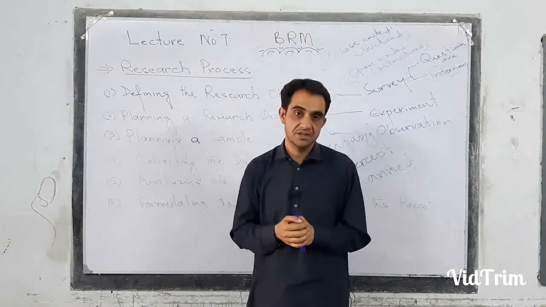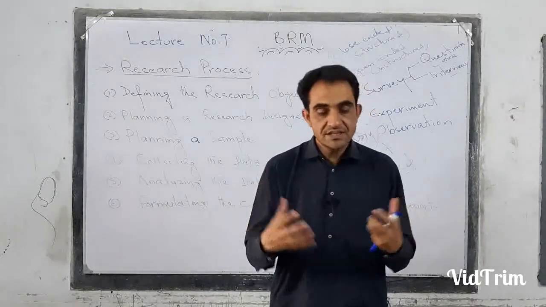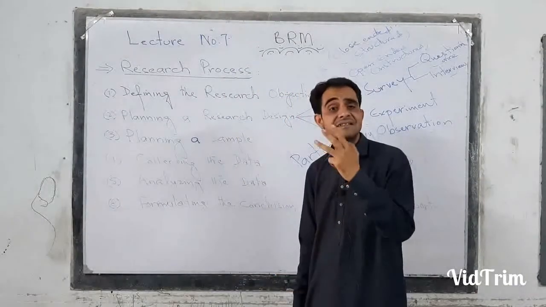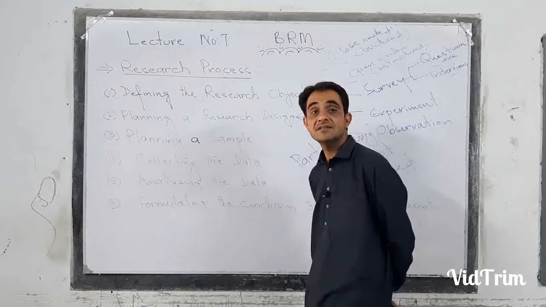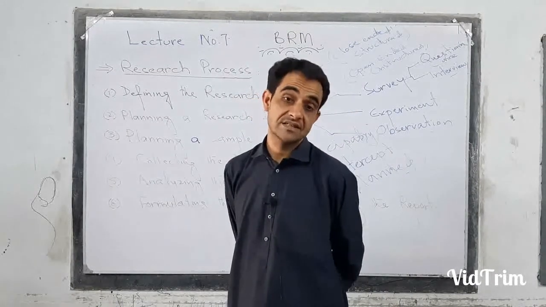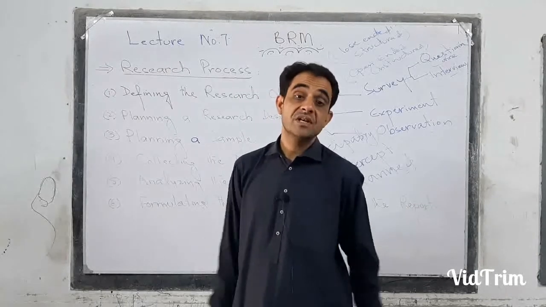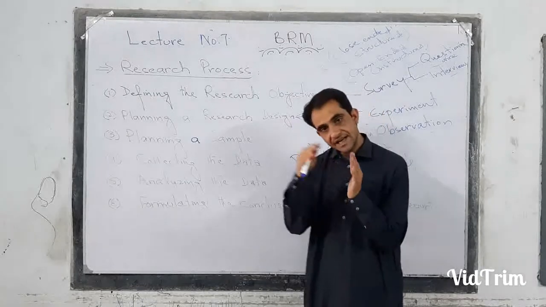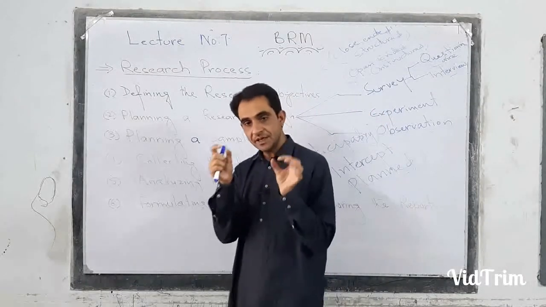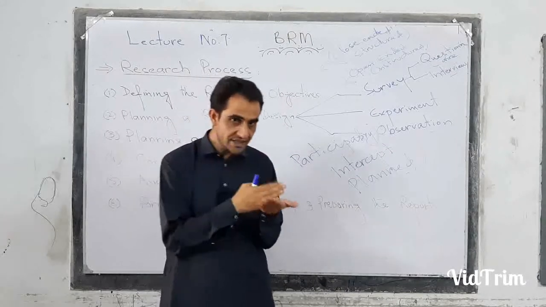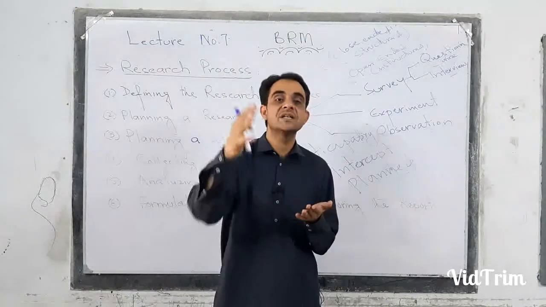That is called sample. So in planning a sample, we have got 3 things: sample design, sample unit, and sample size. In sampling design, how we are selecting these 500 students, whether it is probability sampling or non-probability sampling.